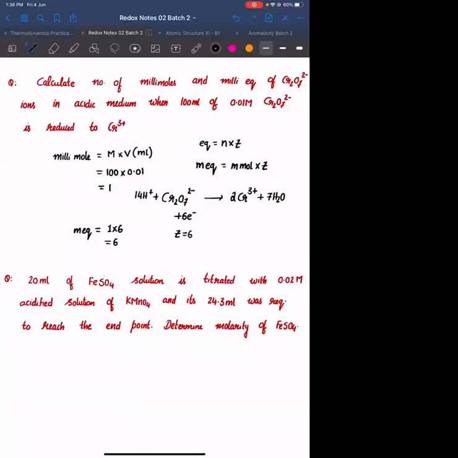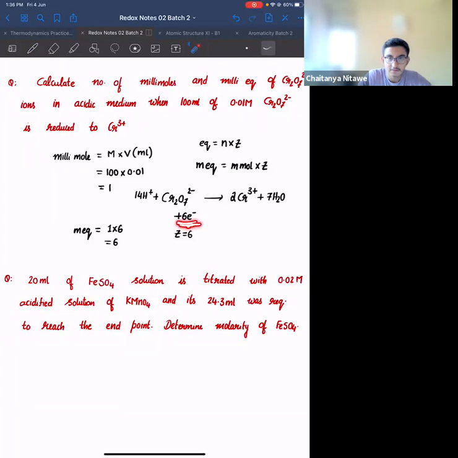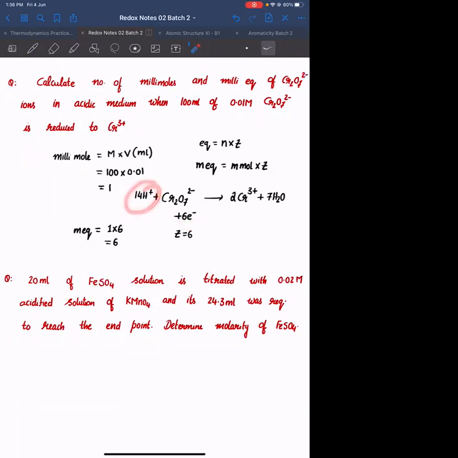And remember one more thing: irrespective of the medium, suppose you don't know the medium, the Z factor won't change. Whether it is H+ or OH-, in the end you add 14 OH- on this side and 14 OH- on the other side, so there will be no effect on the number of electrons. So in general, if you don't know the medium, don't worry about it when calculating the Z factor. Irrespective of the medium, the Z factor will remain the same.